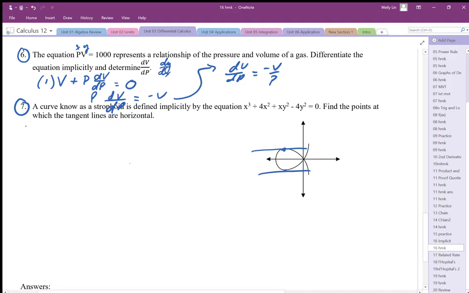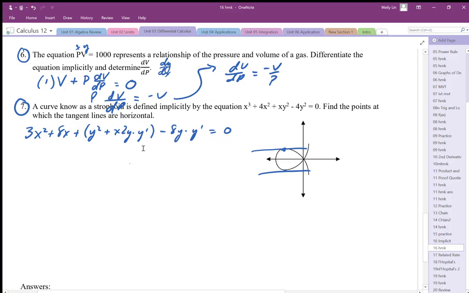So I'm going to differentiate this. 3x squared plus 8x plus 1 times y squared, plus x times 2y times y prime. There's my product rule. Minus 8y, there's my chain rule, to generate my y prime.